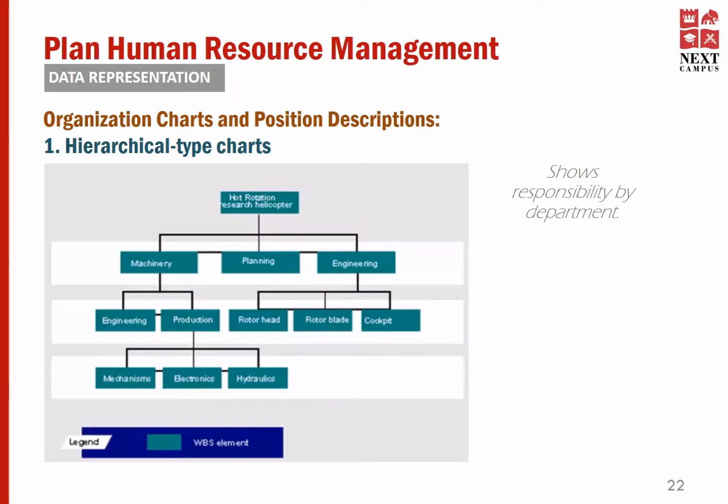For example, here we see an organizational breakdown structure, and as you see, it shows the responsibility by department. For example, our project is a hot rotation search helicopter. And as you see, there are 3 departments: machinery, planning, and engineering. Each department will have their specific responsibilities assigned.